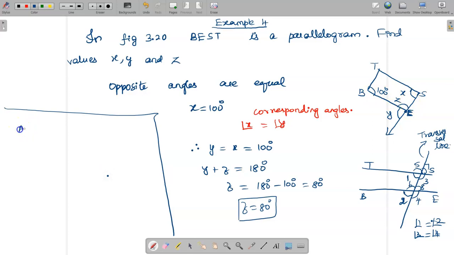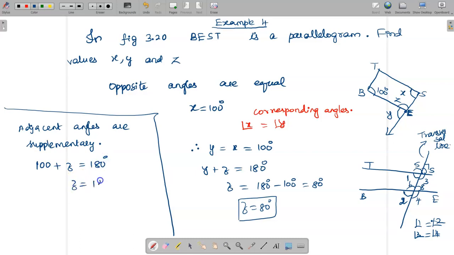So adjacent angles are supplementary, right? This is another property we have discussed. When we add two adjacent angles, it is equal to 180 degrees. So 100 plus z should be equal to 180 degrees. So z is equal to 180 minus 100, which is nothing but 80. In this way also we can find z.